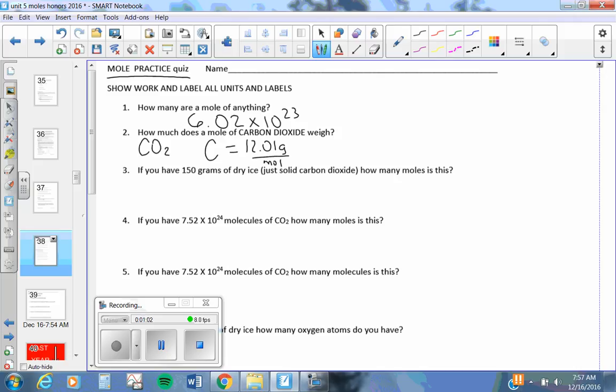And we know that oxygen is 16.00 grams per mole. However, we do know that we have two oxygens, so we're going to multiply this times 2, which gives us 32.